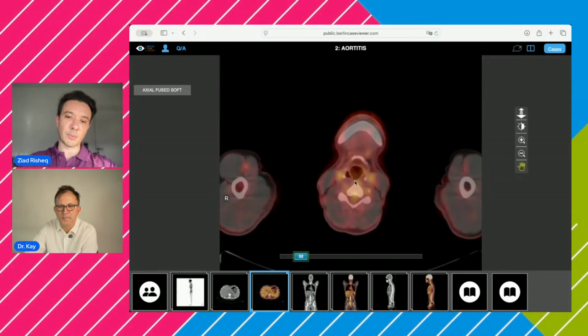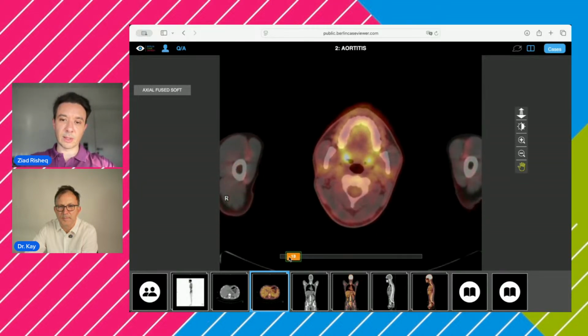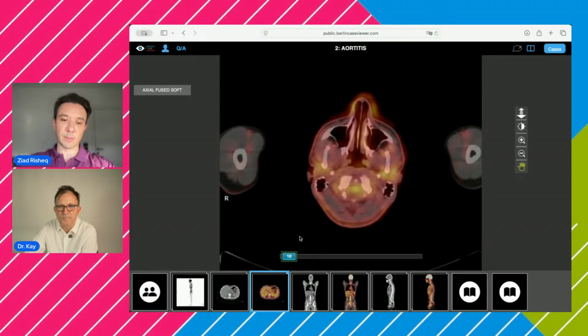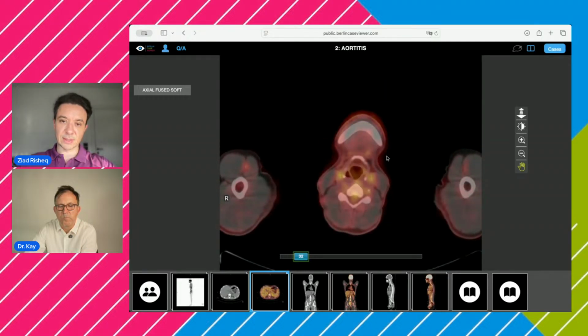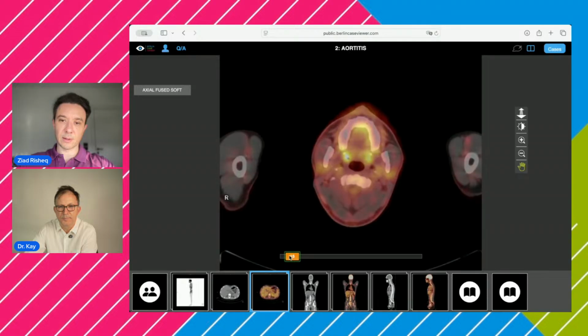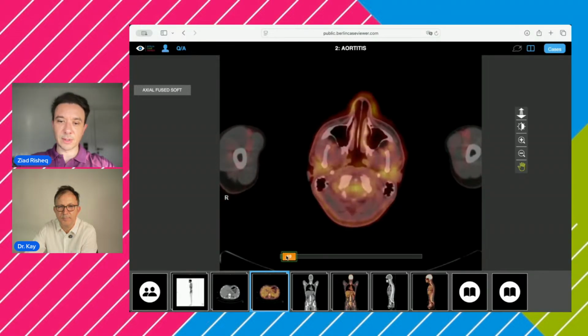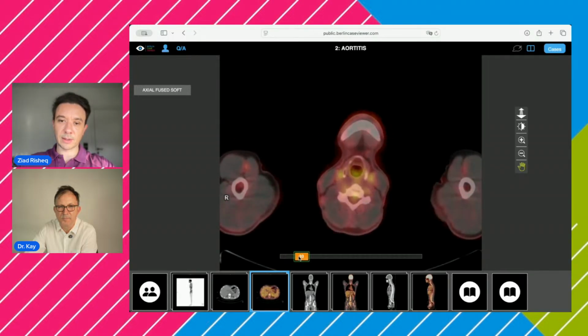I look at the CT part in these cases. I don't rely on FDG unless there is asymmetry. If it's homogeneous and symmetrical uptake, most of the time it is just normal activity.